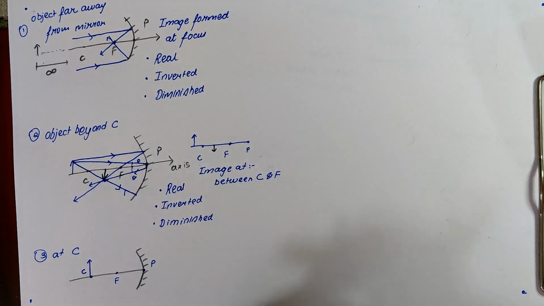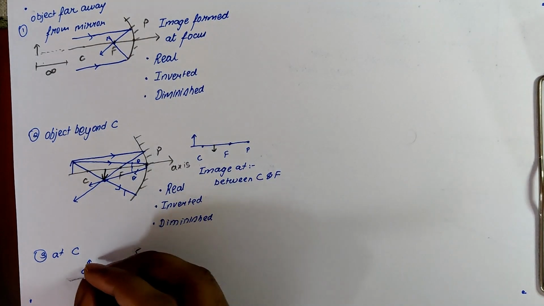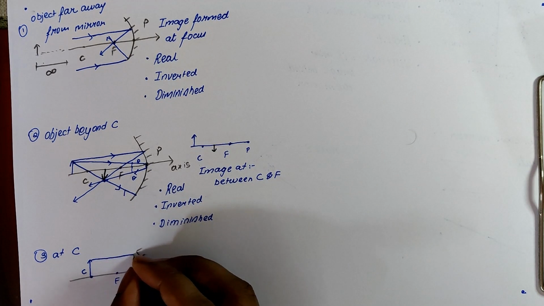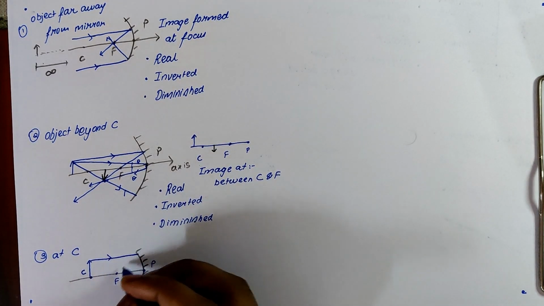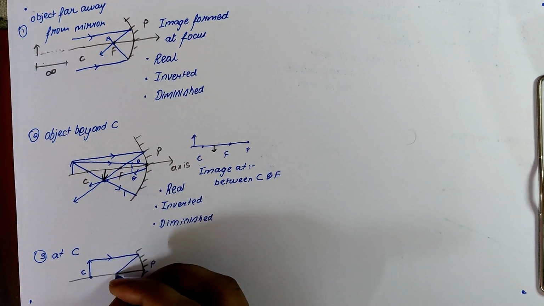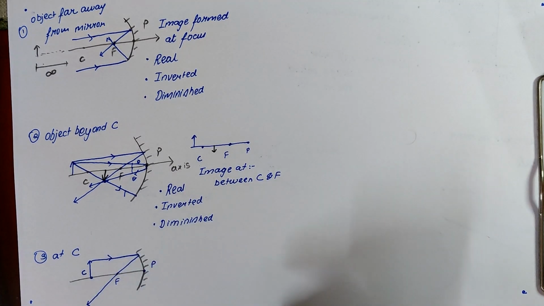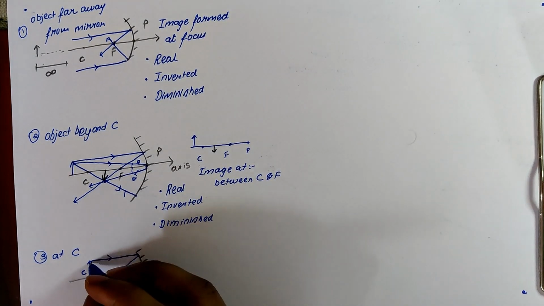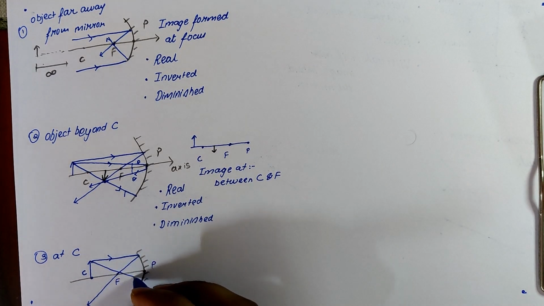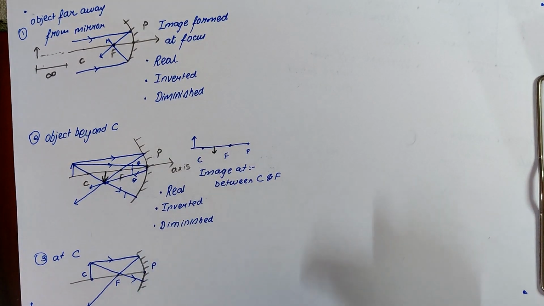Now I'm going to draw a light ray parallel to the axis, and the light ray will pass through the focus, correct? Now I'm going to do a reverse of rule 1. I'm going to draw a light ray through the focus rather. And do you have an idea of how the light ray is going to be reflected?